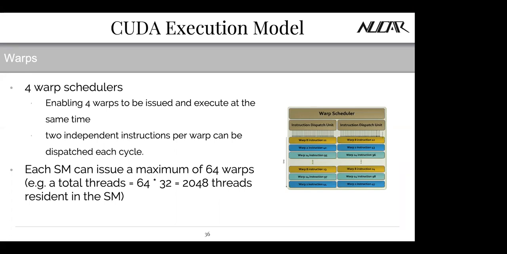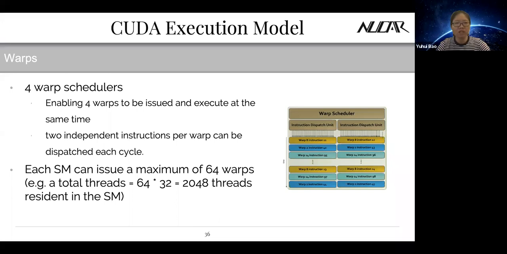So let's say the one block has more than 64 warps. Let's say one block has 4096 threads, for example. So that's 128 warps. Would that block be split across SMs, or would the 128 warps be scheduled on the same SM, but one after the other?